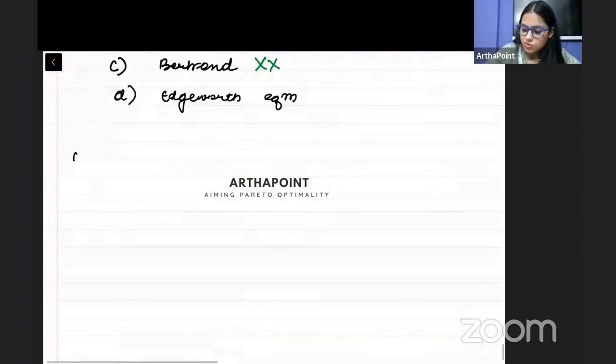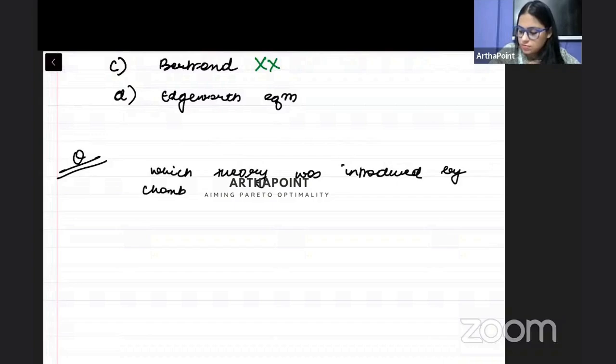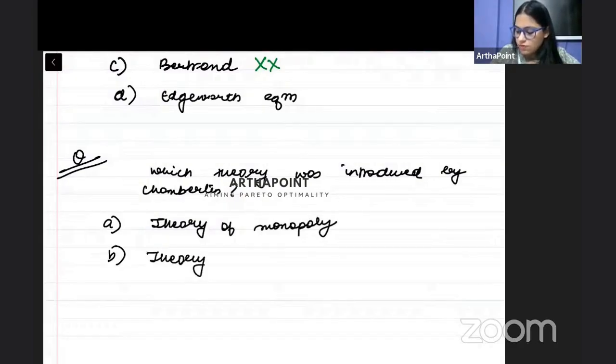Okay बेटा, next question. Which theory was introduced by Chamberlain? Option number A, theory of monopoly. Option number B, theory of monopolistic competition.